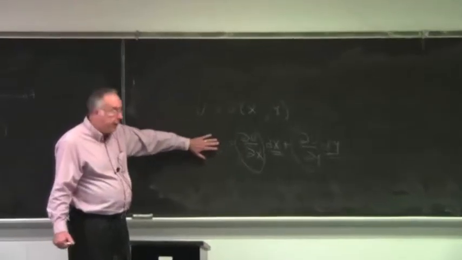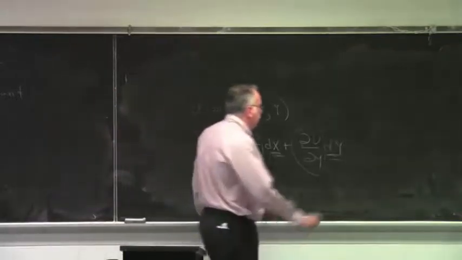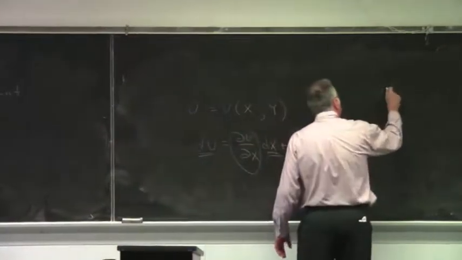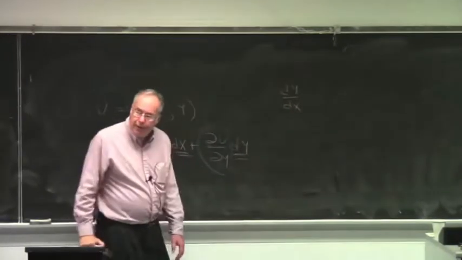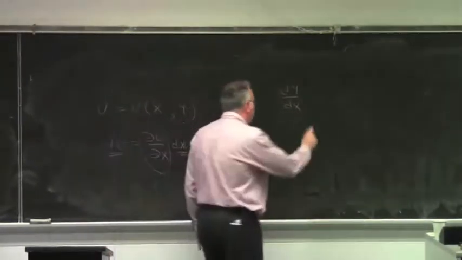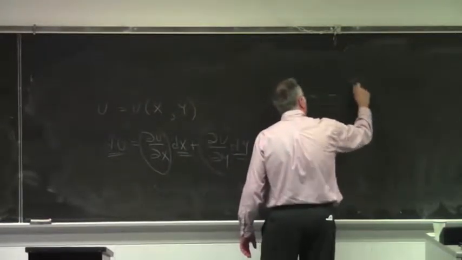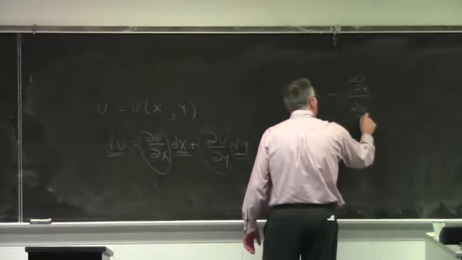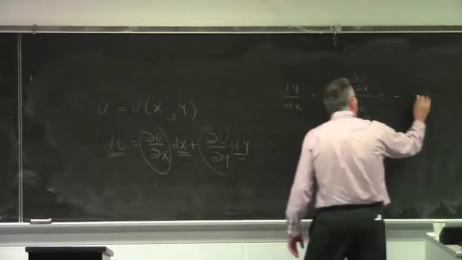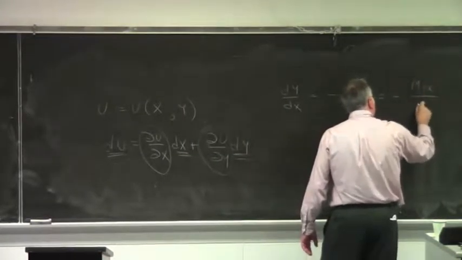So we could do the same mathematical derivation, and we would get dy/dx, which is the slope of the indifference curve, equal to minus 1 times partial u, partial x over partial u, partial y. Or it's minus 1 times the marginal utility of good x over the marginal utility of good y.